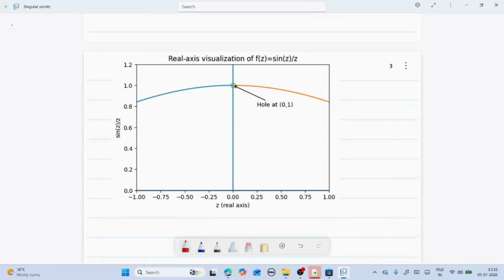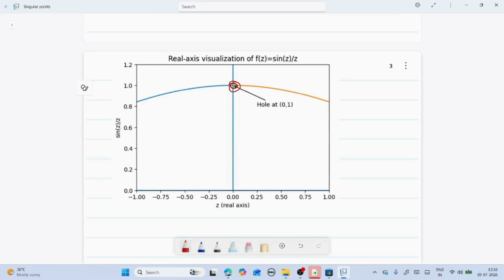Just look at this graph. You can see that as z gets closer to 0 from either side, the functional value approaches 1, which can be identified as a gap here. Okay, there's a hole here in the graph. This is the point at z equal to 0. At z equal to 0, there is a hole here because the function is not defined here.